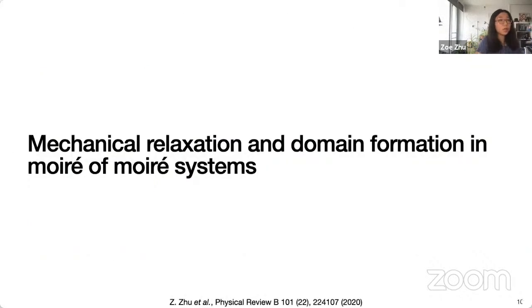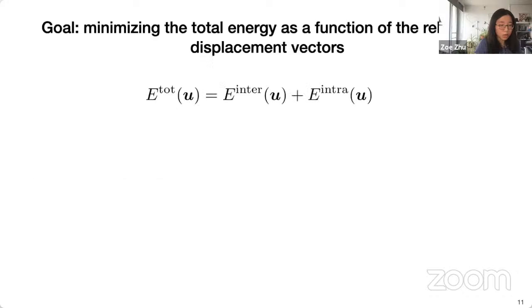Okay, so now with the understanding of our system, let's move on to solving for the relaxation pattern of such a system, and we will see how the domains would form in a trilayer system. Our goal is, of course, to minimize the total energy as a function of the displacement vectors from the relaxation. Our total energy has two terms.